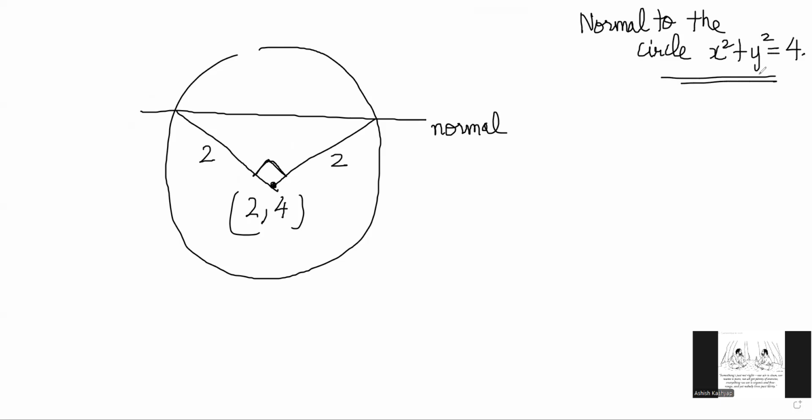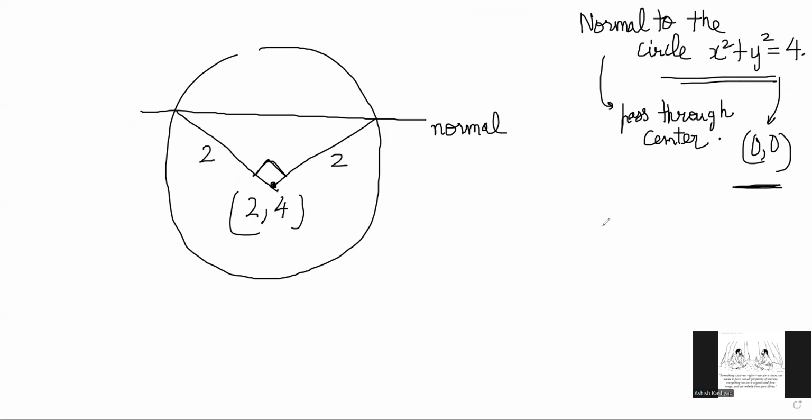And you should understand that any normal to a circle will pass through the circle's center. So therefore here it will pass through the center of the circle, (0, 0). So this normal line is actually a line through (0, 0).